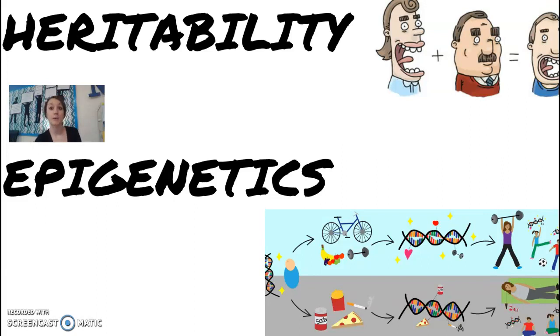But there are aspects of your environment that can affect it. So there are exposures to things that can affect the way that trait is. Maybe height, for example. So you may be a certain height because of genetics, but it can also be influenced by things in your environment. So to what extent is your trait genetic is heritability.